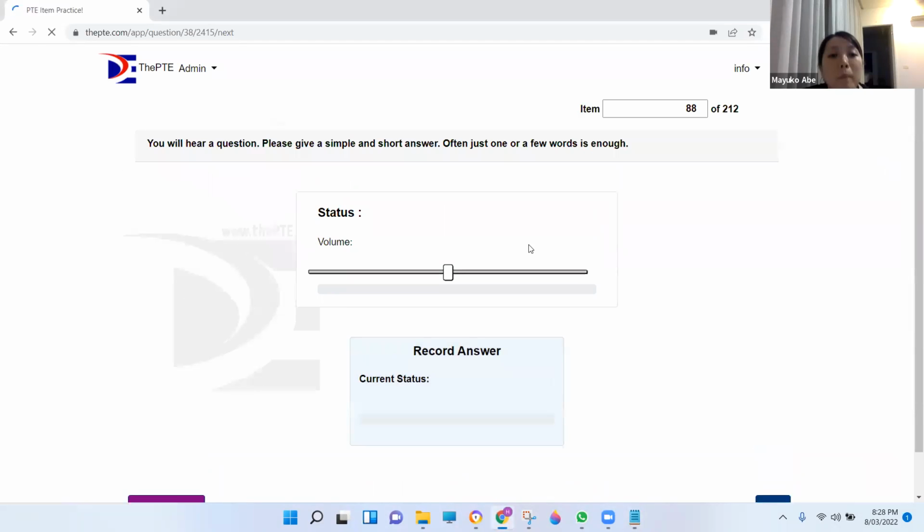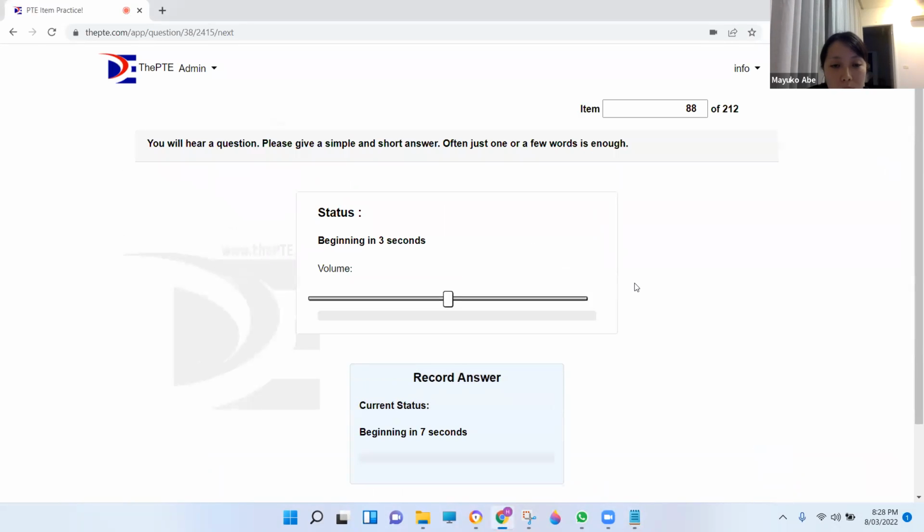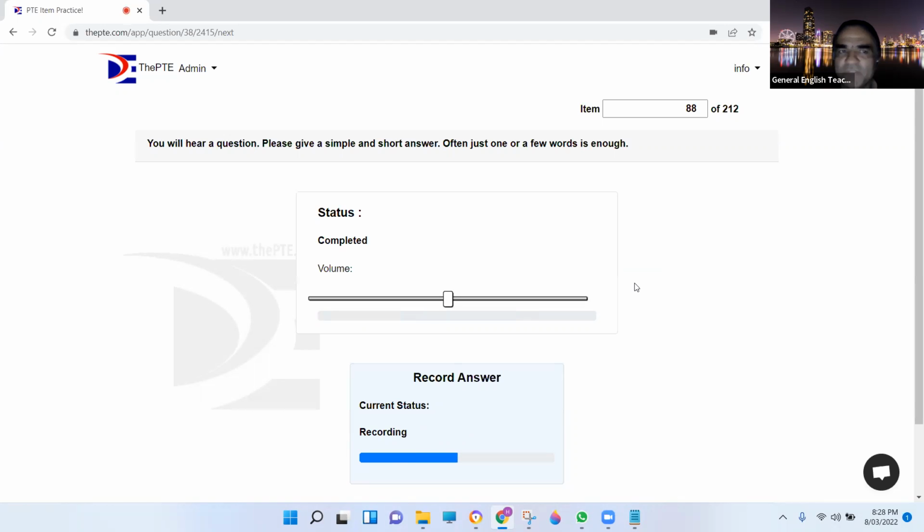Mayuko? What do we call birds' regular seasonal movement? Season. Very good. Come up with something. Don't go blank. Anyone? Birds' seasonal movement.